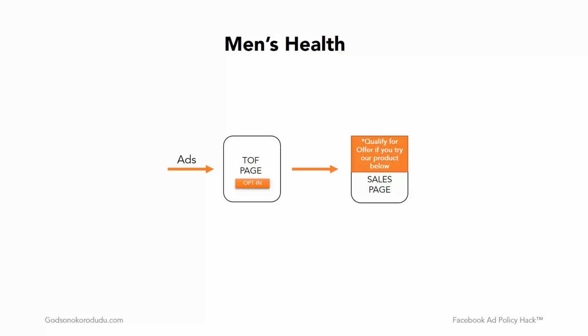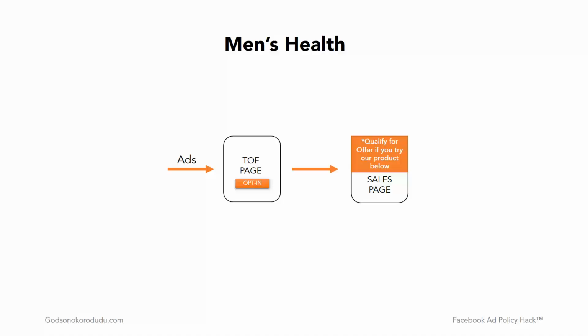Now, don't get me wrong. You don't have to try to be too salesy or try to include words that are not compliant with the Facebook policy. You want to make sure your ads and your top of funnel page are compliant, right? And then when they click and get to the next page, you tell them, okay, great, you're here. You qualify for the offer if you try our product below.